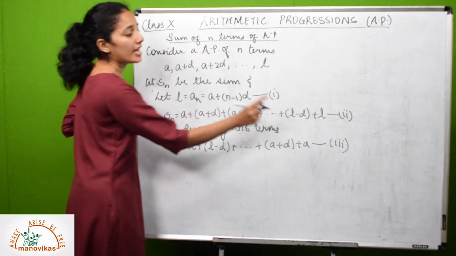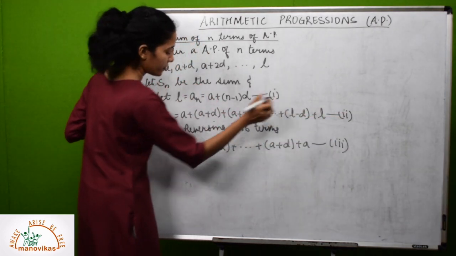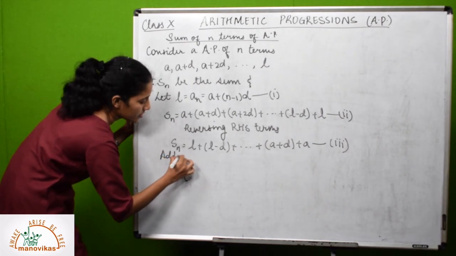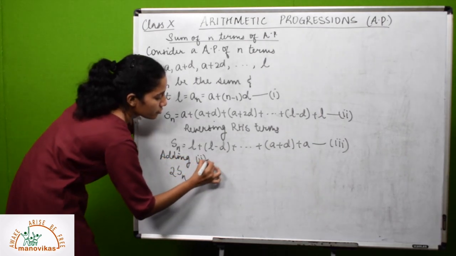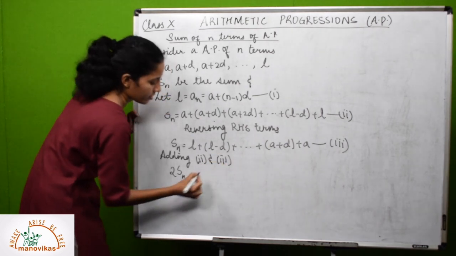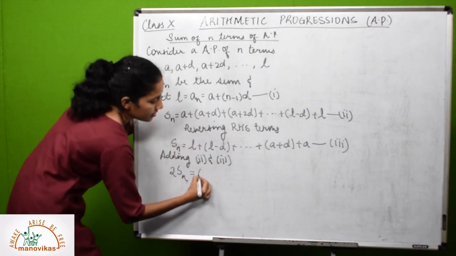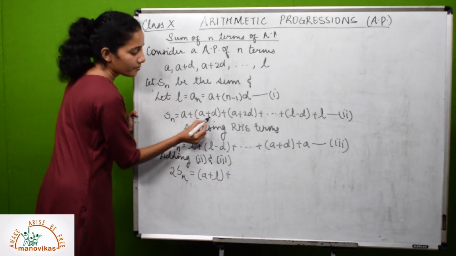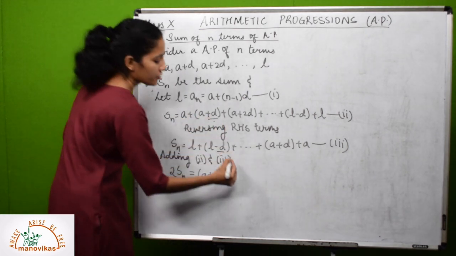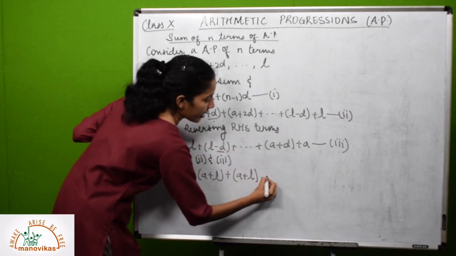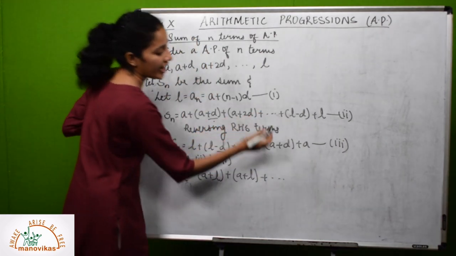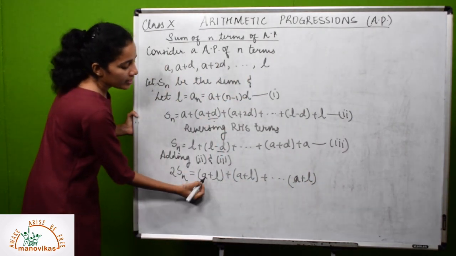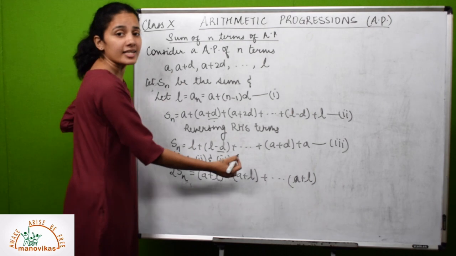In the next step we will add equation 2 and equation 3. What we get is 2Sn, adding 2 and 3, equals a plus l. In the next case as well, we see that plus d and negative d will cancel to give you again a plus l, and so on. This will repeat for n terms. So we see over here that the bracket a plus l has been added n times.